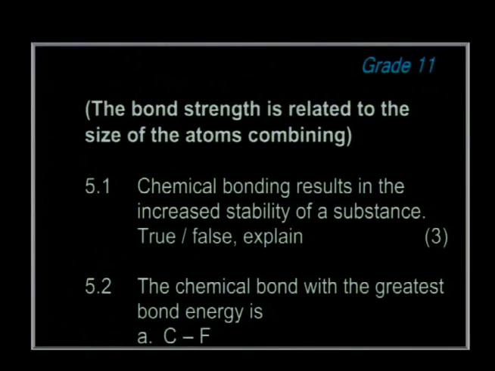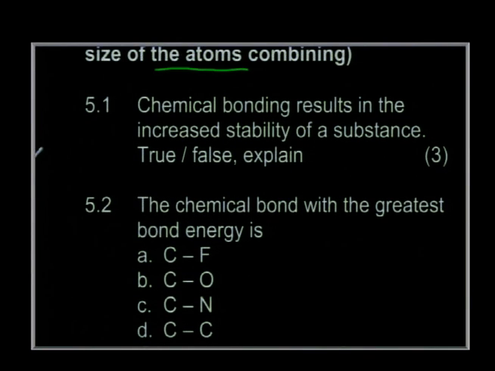Okay? Last question, question number 5. We're looking at relating the strength of the bond to the size of the atoms combining again. The first thing that we're going to say: chemical bonding results in increased stability of a substance. We have to say true or false. Well, there is a diagram that we sometimes use about the potential energy of atoms, and as they come closer together, they become more stable.